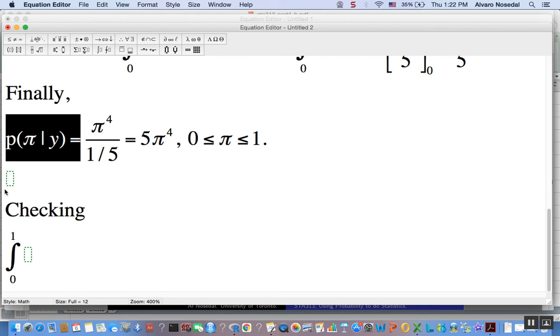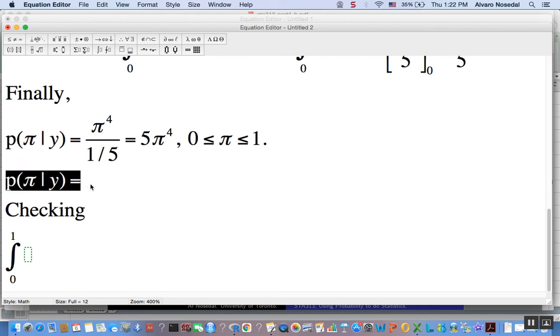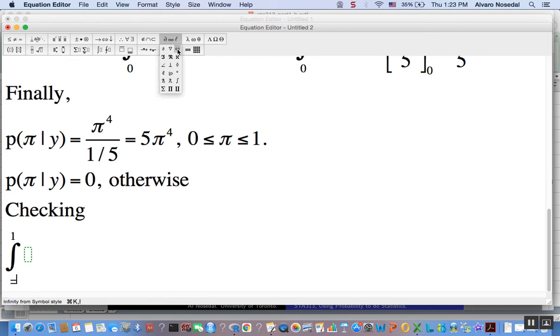This guy is going to be 0 otherwise, and then we want to check that the integral between negative infinity and infinity of this guy is 1.